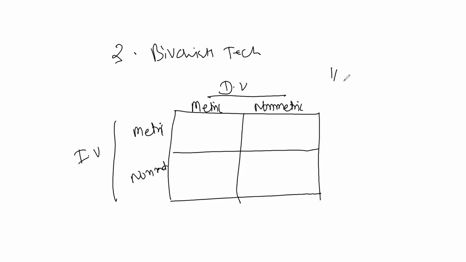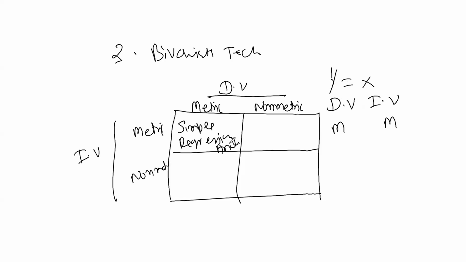If both the questions, Y and X, where Y means dependent variable and X means independent variable, are in metric form, then I will use simple regression analysis. Is it clear?